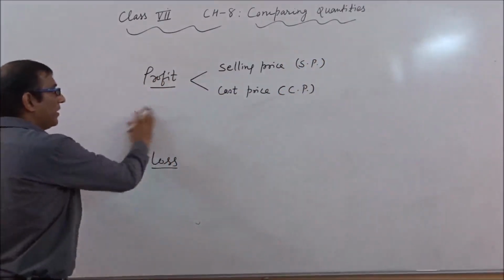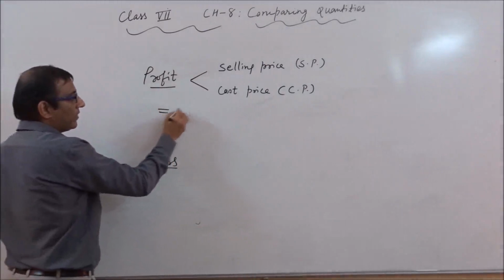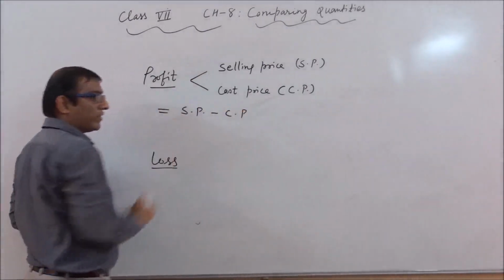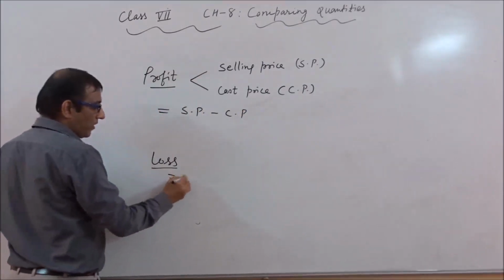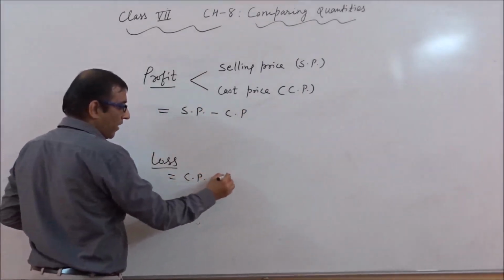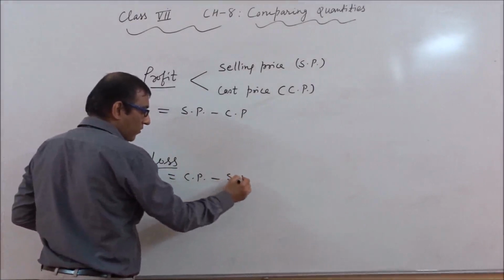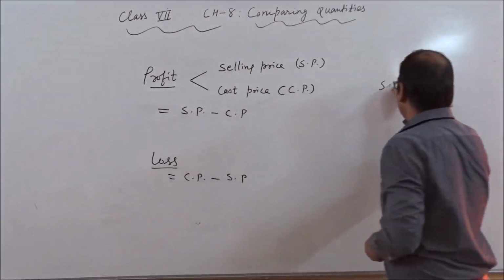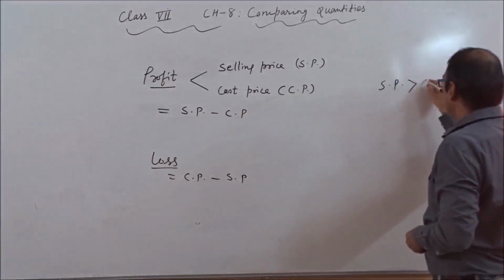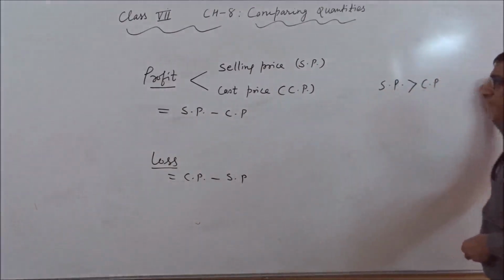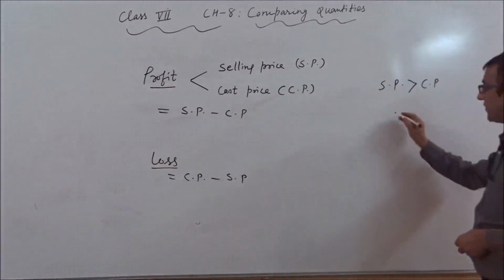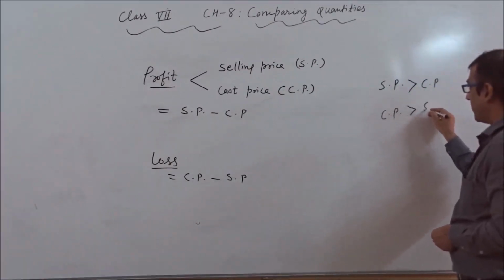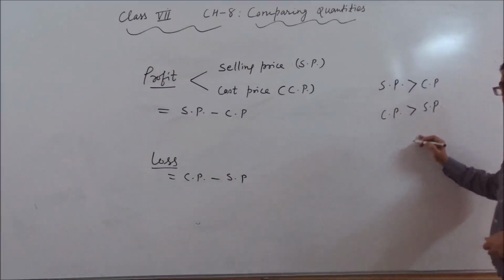Basically, profit means selling price minus cost price, and loss means cost price minus selling price. Or in simple words, if selling price is greater than cost price, definitely we have profit, and vice versa, if cost price is greater than selling price, then we have loss.